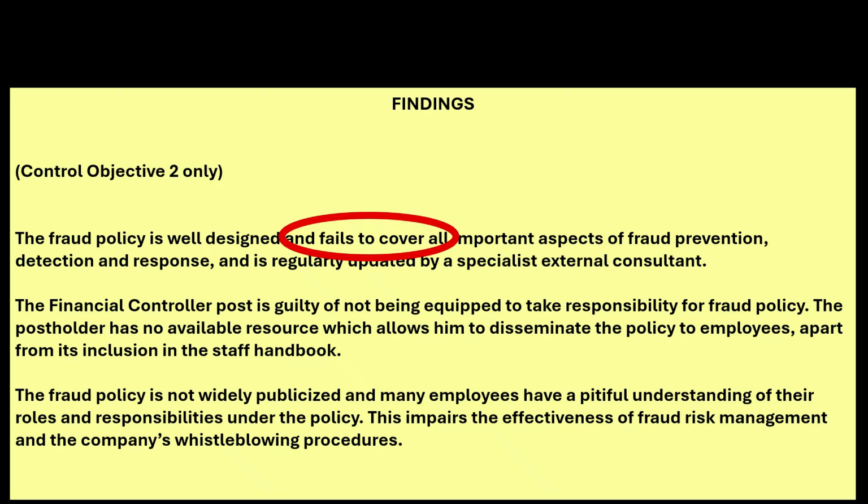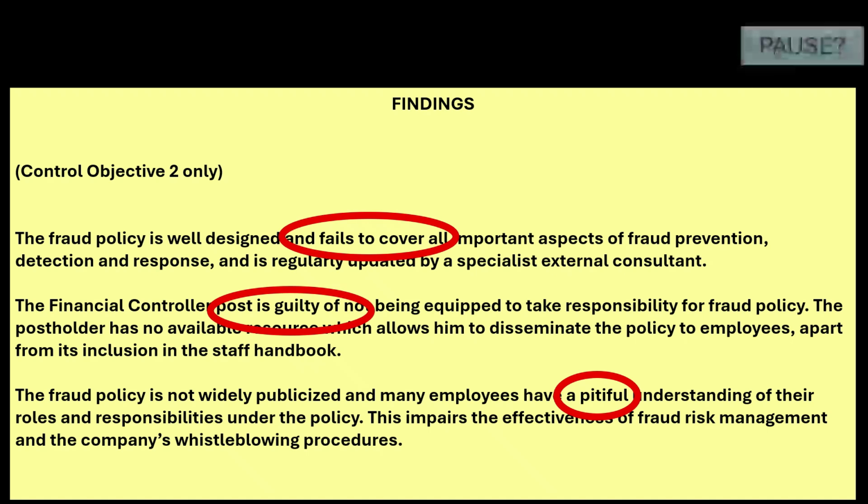It should be reworded as the opposite, as it does cover all important aspects. "Is guilty of not being equipped" is inappropriate. The word guilty denotes an accusation. It can be revised to "the financial controller is not equipped." The word pitiful is quite emotive and may be reworded as poor. Your final 3 mistakes, please.